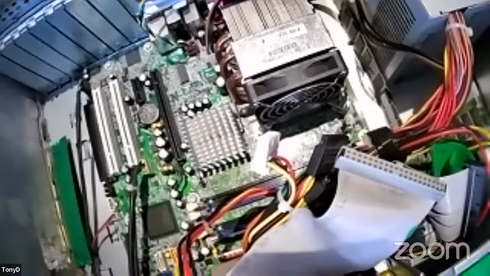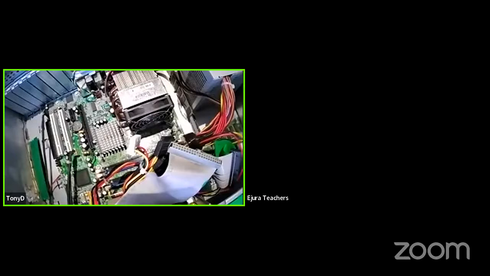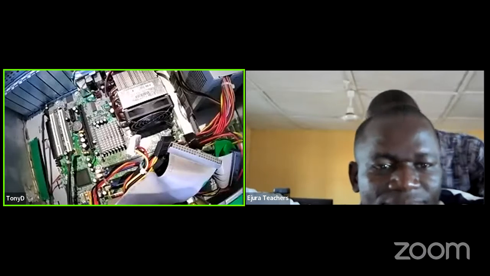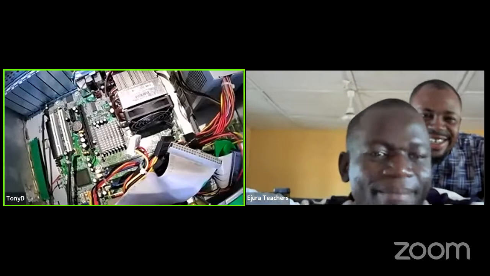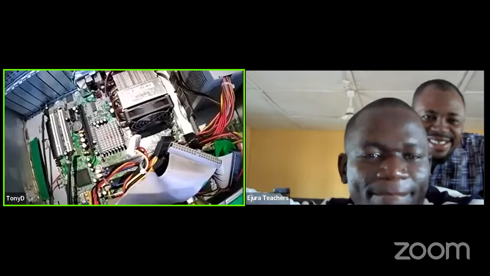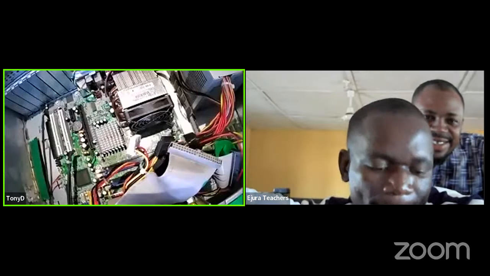Do you understand? Yes, it is the central processing unit. And the unit controls the operations. Remember, the unit controls the operations of all parts of the computer. It controls all the information.